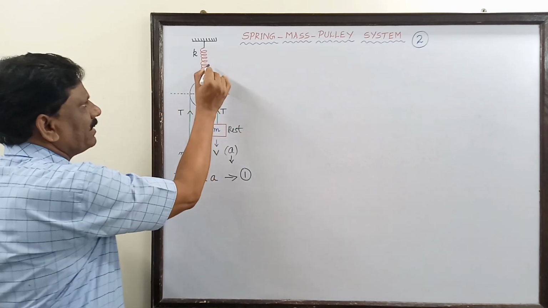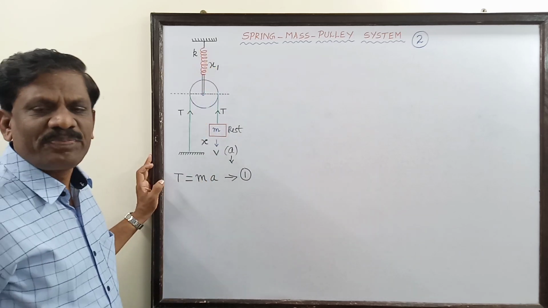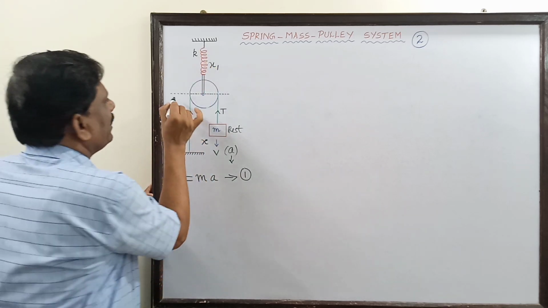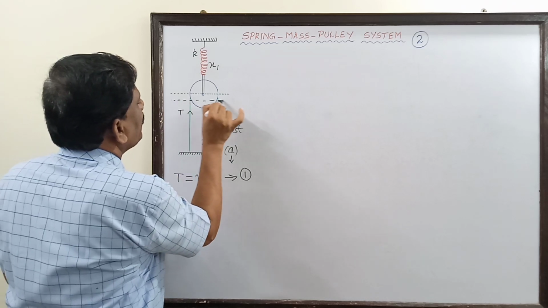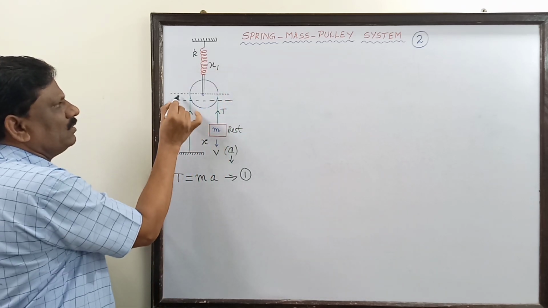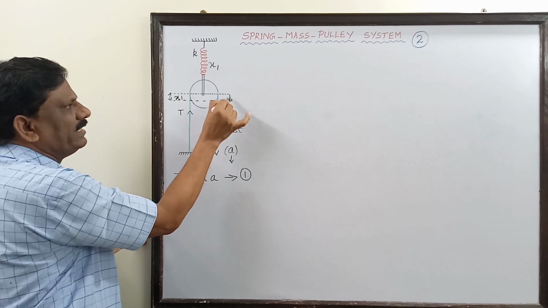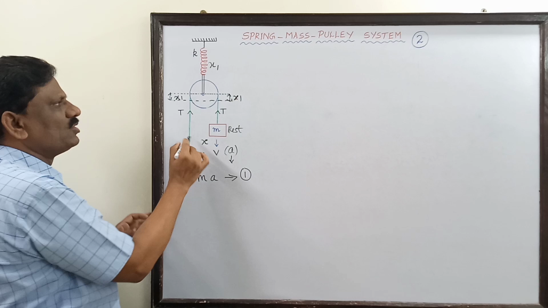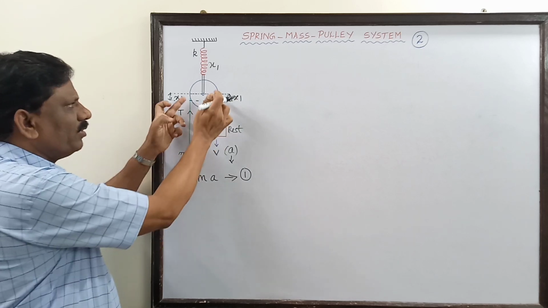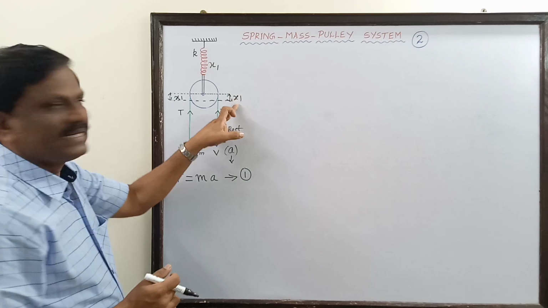Let us take that the spring is stretched by an elongation x1, so that the pulley is coming down through the same distance x1. So the left side displacement will be x1 and the right side displacement will be another x1, so that the string pulls the pulley through a displacement x1 on both sides.